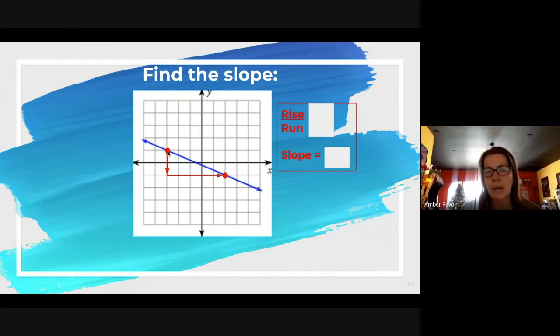So here I'm going 1, 2 on my rise, and I'm running 1, 2, 3, 4, 5. So my rise over run would be 2 over 5. And again, this is downhill, so it's negative. So negative 2 over 5 is the rise over run. I went down for my rise. And so my slope would be negative 2/5.